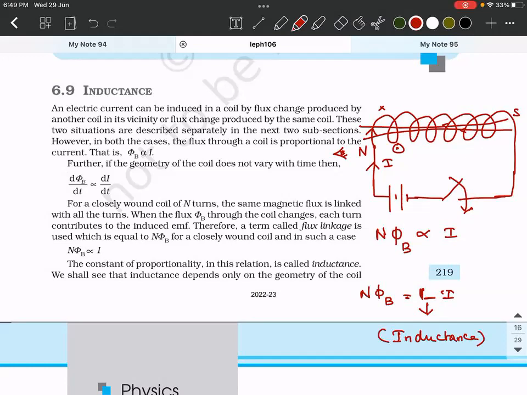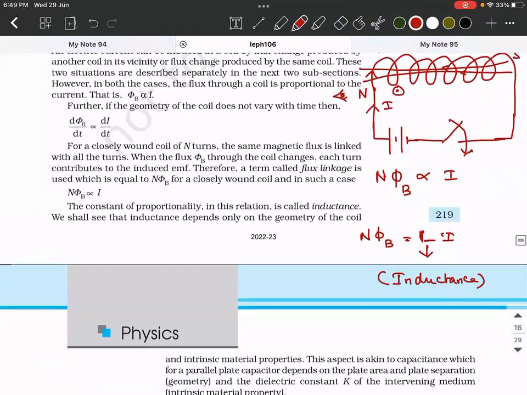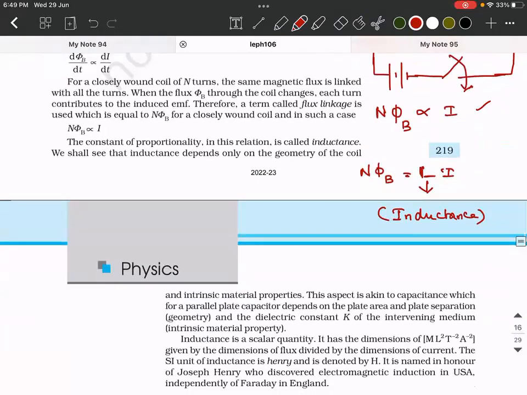Okay. Now, if you differentiate this on both the sides, are you convinced with this fact? The total flux that is linked with the coil is directly proportional to its current. Means if you're decreasing the value of current through it, flux will also decrease. Reverse of it. Right. So if I differentiate on both the sides, d by dt of N into phi b is equal to d by dt of L into I. But what is d by dt of N into phi b?